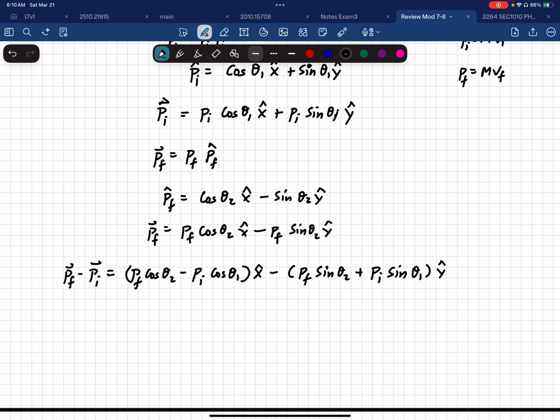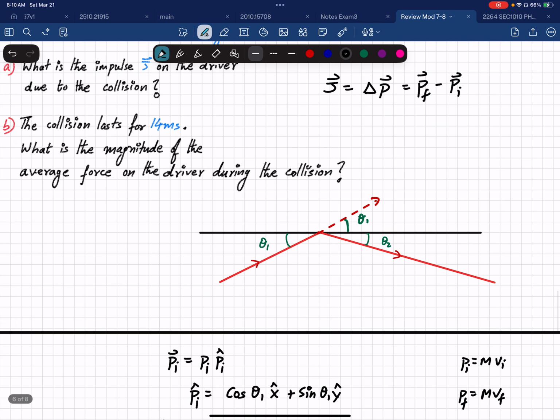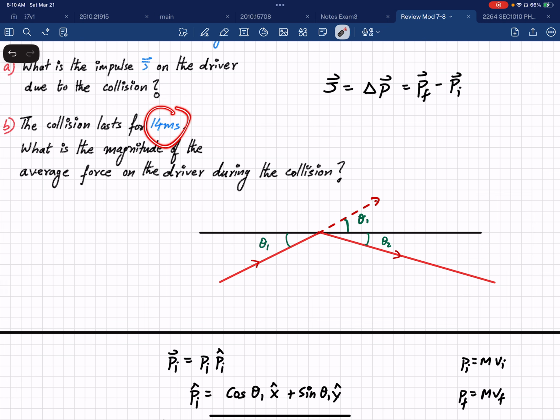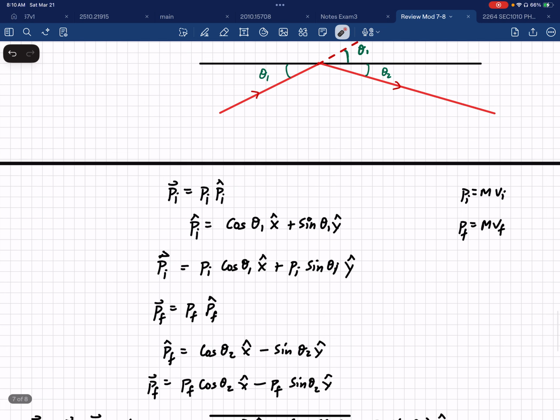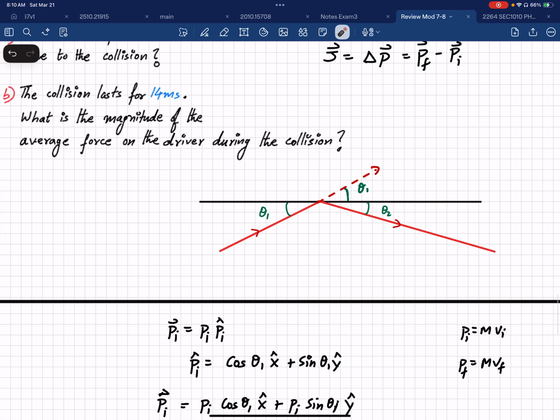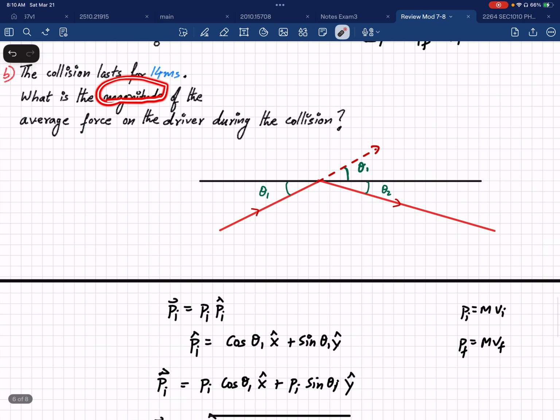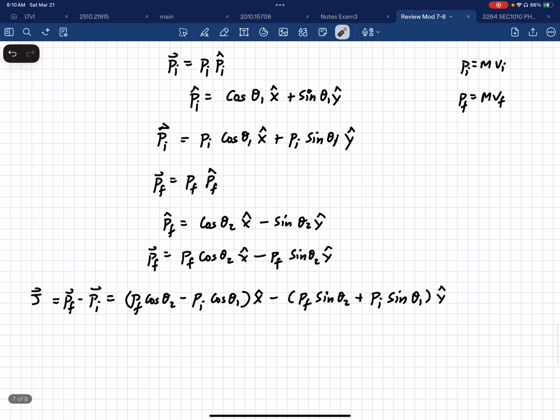Now, once we understood the impulse, the second part is to understand the force. The time of contact is given to you. It's actually asking you for the magnitude of the average force. In other words, it is asking you to calculate the magnitude of J. So what is the magnitude of J?